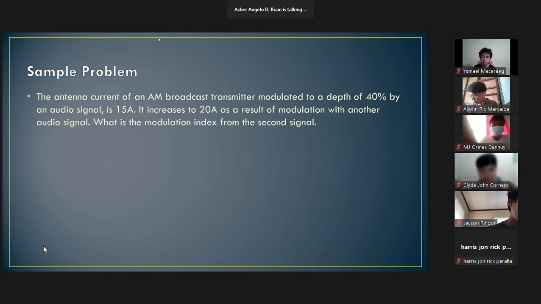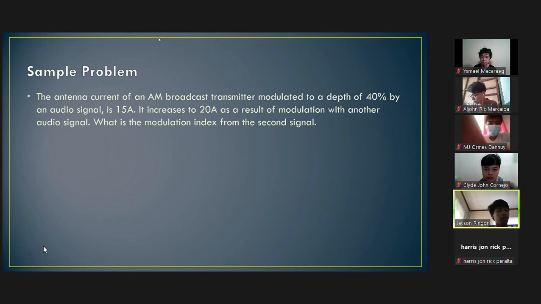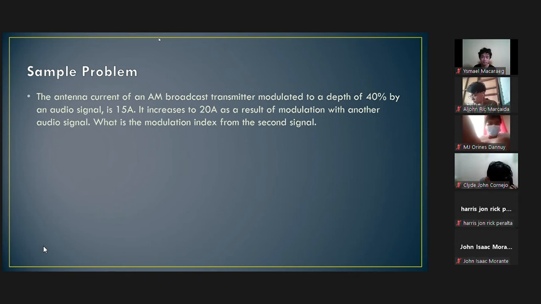Ay, 1.18, sir. 1.18. Oh, ikaw, other. One point 18 din, sir. Kung saan kayo nagkuhan, ba't may iba bigla?